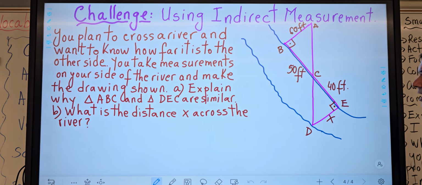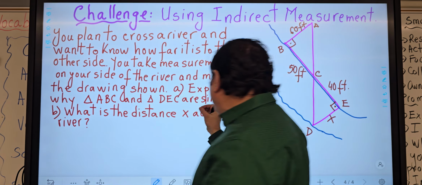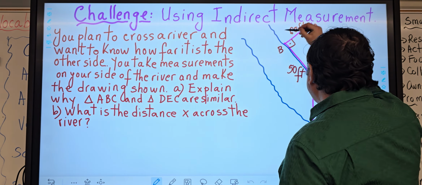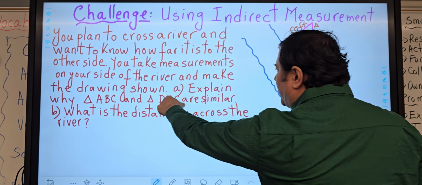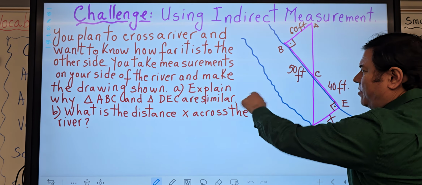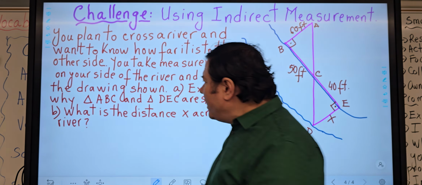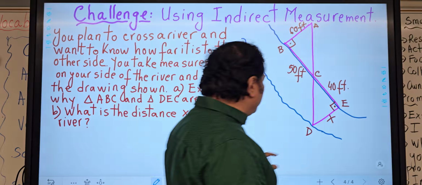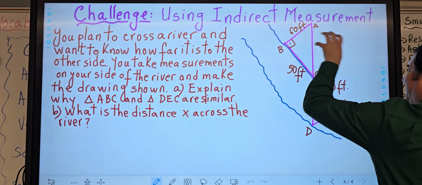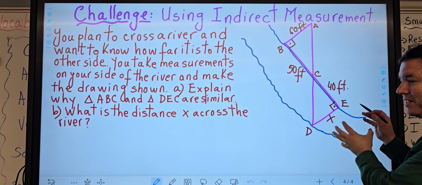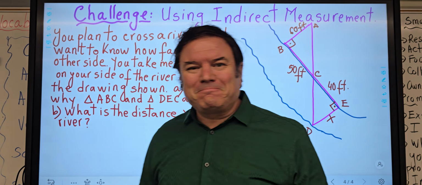It says here, A, explain why triangle ABC and triangle DEC are similar. We need to explain that. And B, what is the distance x across the river? So if I identify that these triangles are similar, then we need to find the value of x.